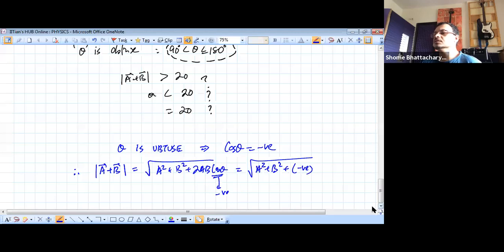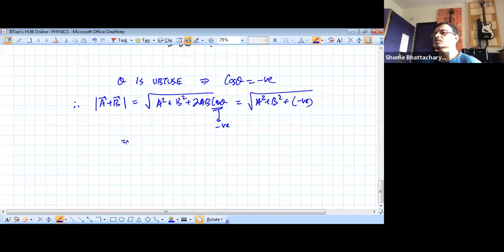So that means magnitude of a plus b is definitely less than this, okay, because a is 12 and b is 16.